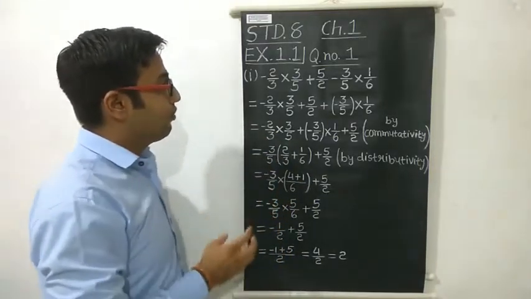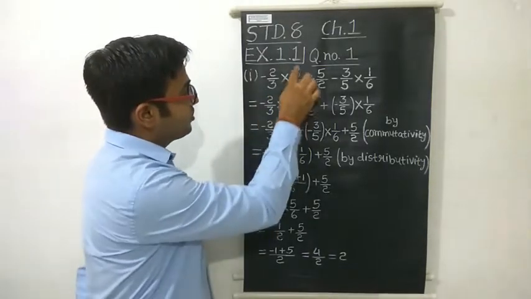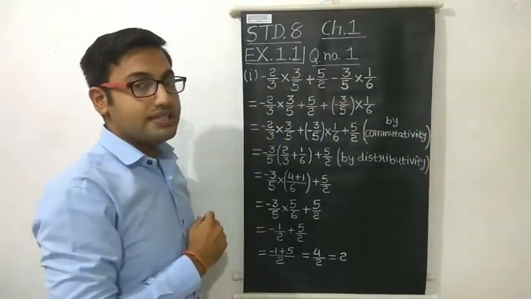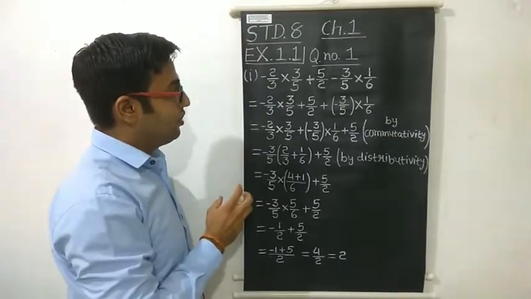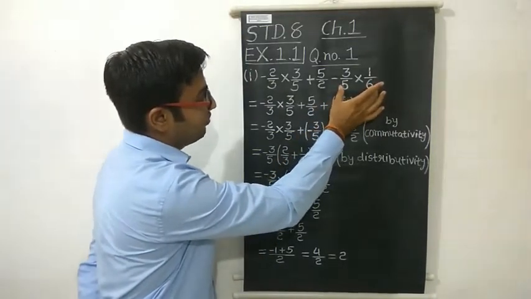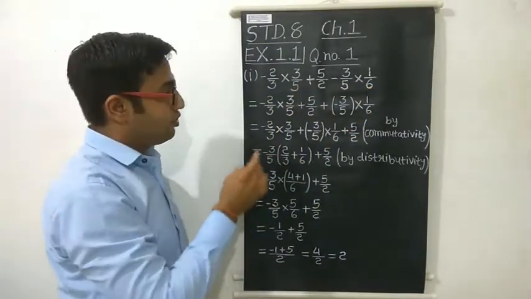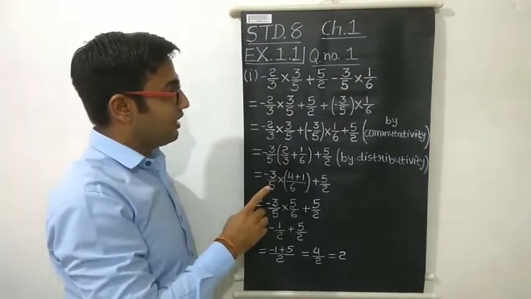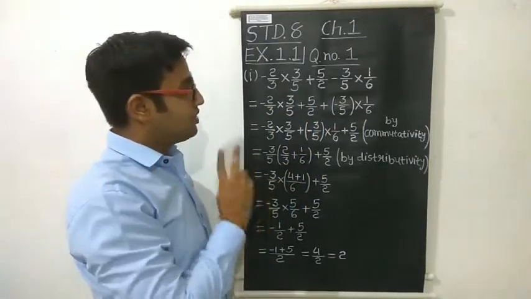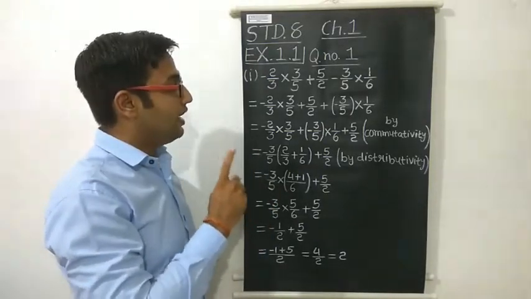First of all, observe that in the first term and in the third term, 3 upon 5 is common. So first we take this third term to the second place. We know that by interchanging terms there is no change in the value, but there should be addition.